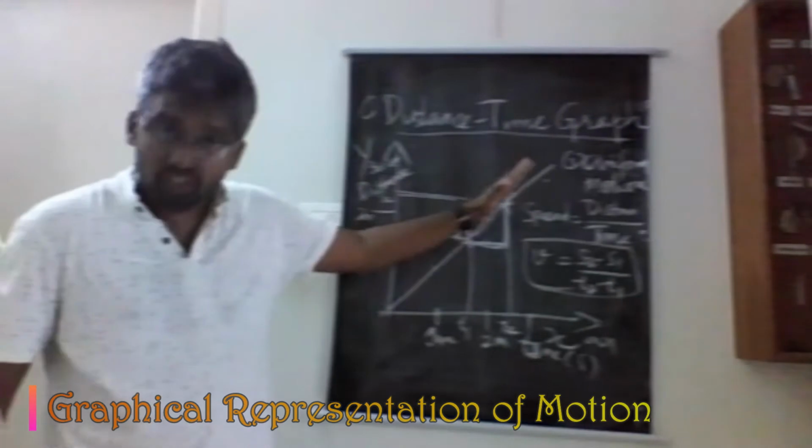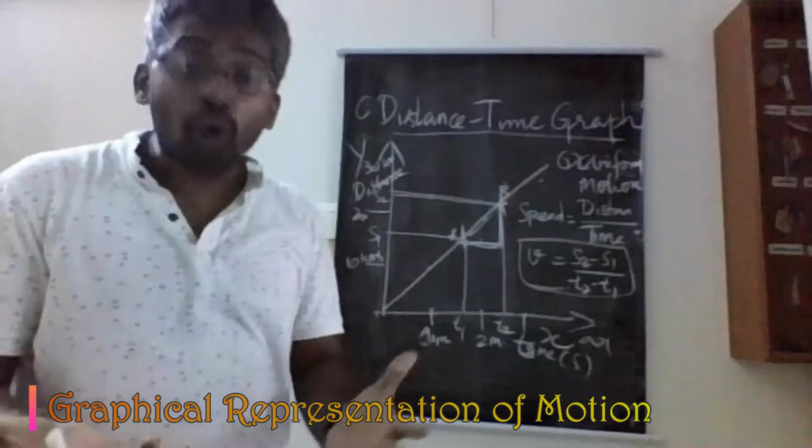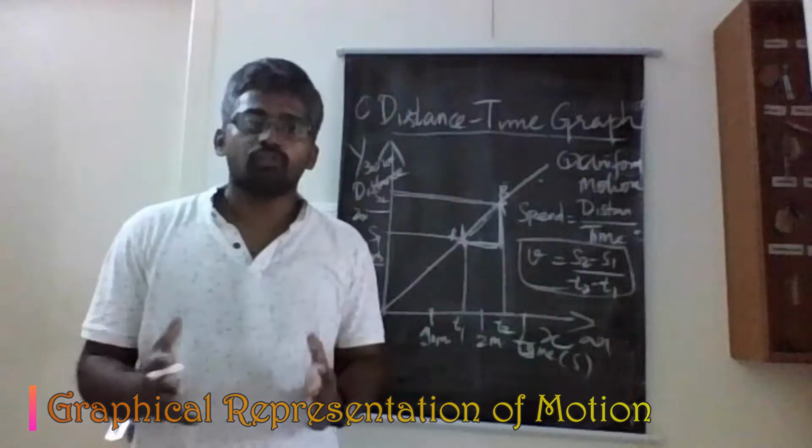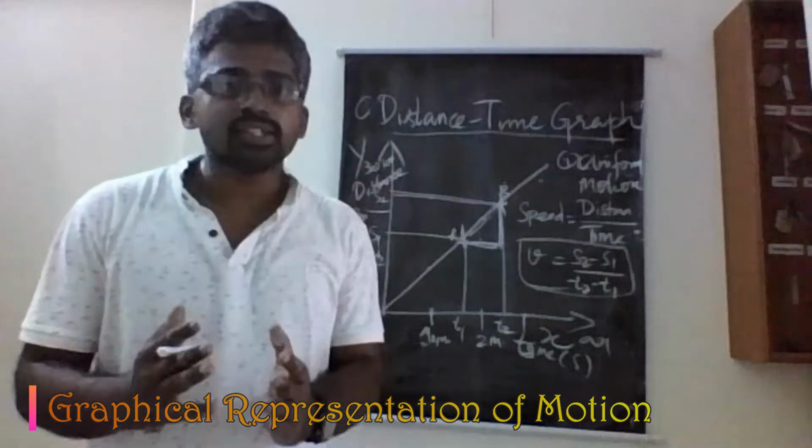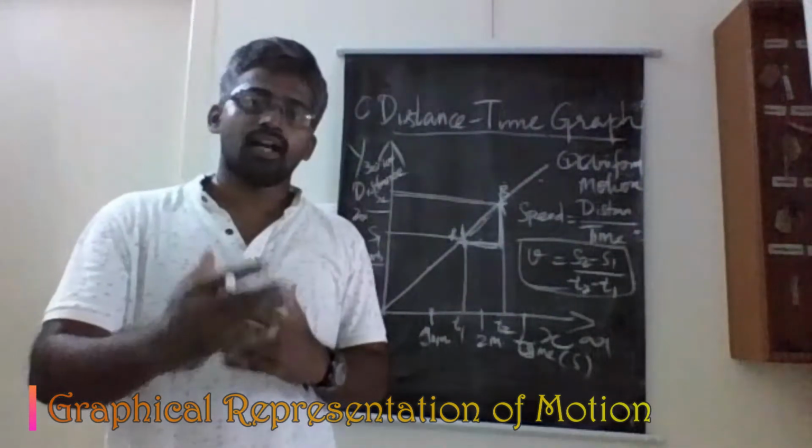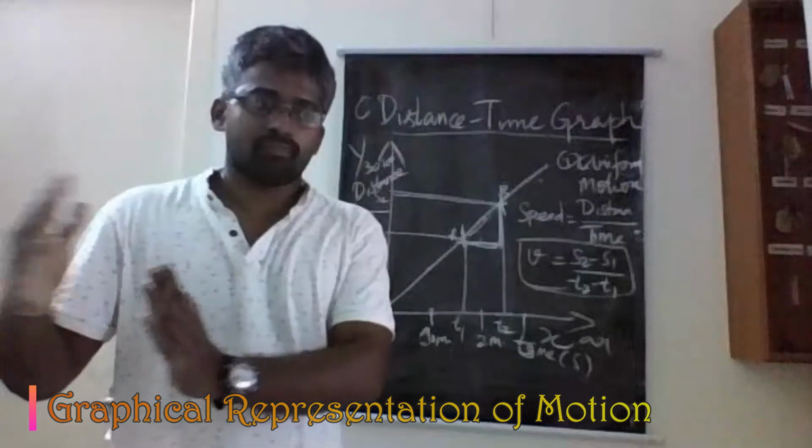So for uniform motion, it is a straight line. So what about non-uniform motion? Non-uniform motion means it covers different distances in the same period of time.